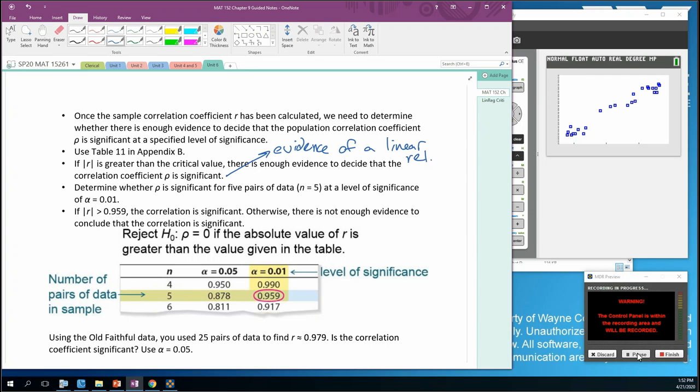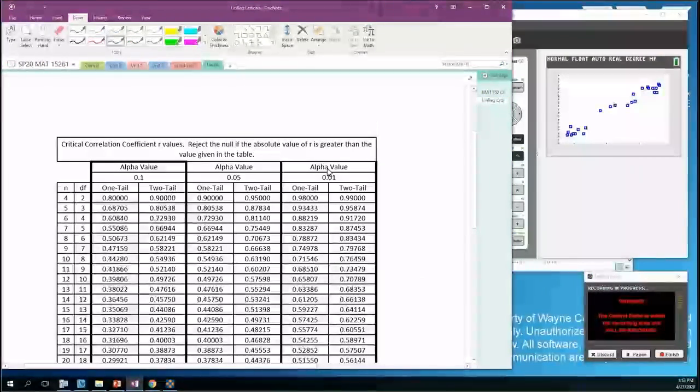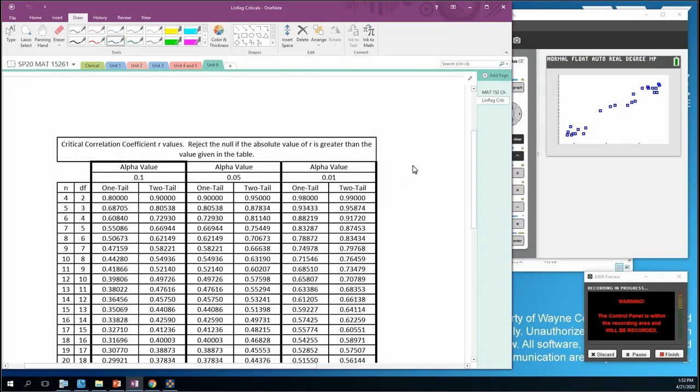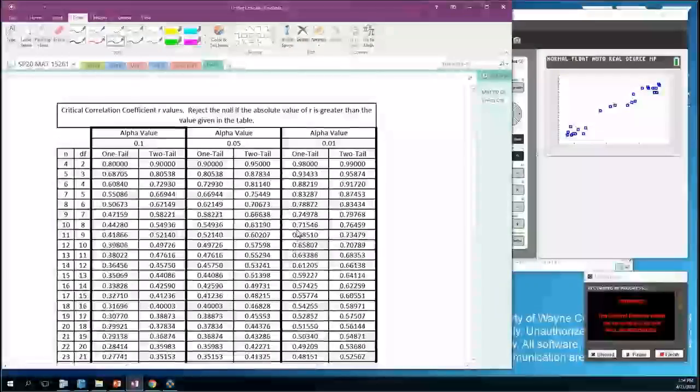So basically, here is a table of the critical values. Now, we are going to also correlate this to a t calculation. We can do that here, which I think is pretty neat. So, for instance, if we had 5 pieces of data in the sample, and we have a level of significance. Now, it depends on whether it's one or two-tailed.